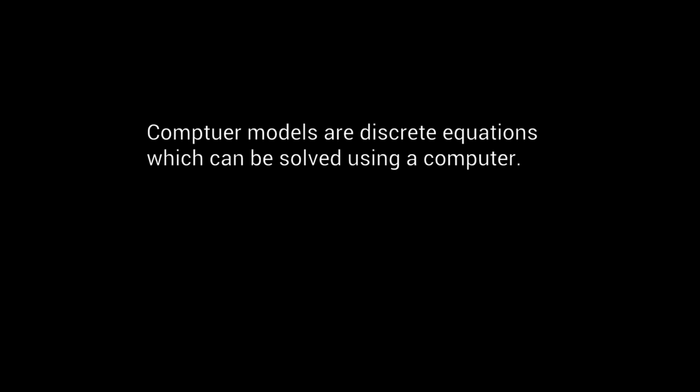We cannot compute explicitly by using plus, minus, multiply, and divide, or square root. We cannot compute solutions this way. So we replace the equations by what we call discrete equations, and this is what we call a computer model. When running a computer model in a certain scenario, then we get a simulation. So that's what computer modeling and simulation is.